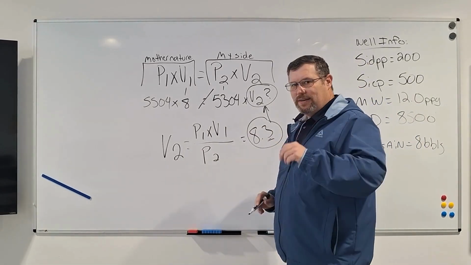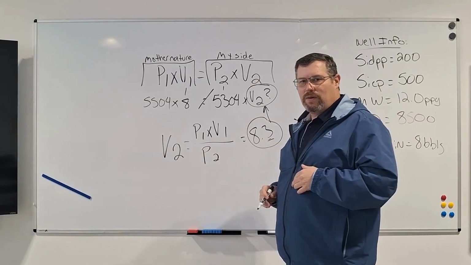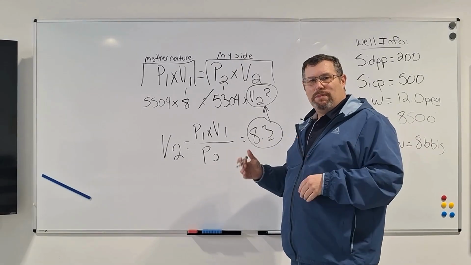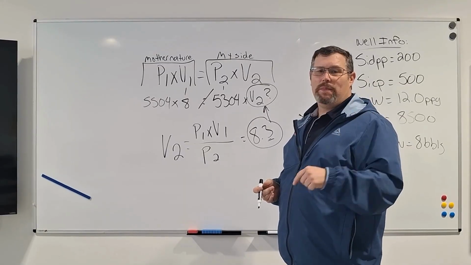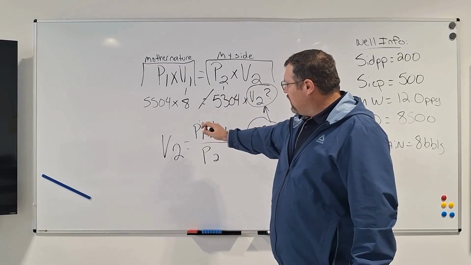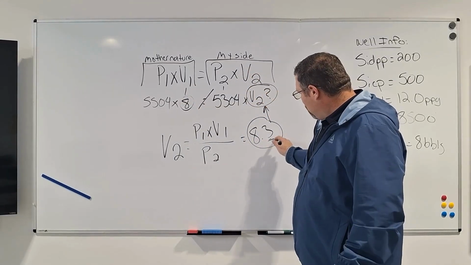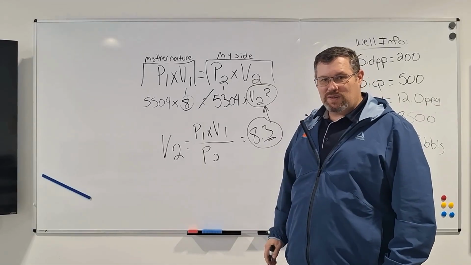That 0.3 right there turns into massive size on the surface. That 8.3 barrels in the ground is going to be closer to 20 to 30 barrels when it gets to surface. So you have to account for it, and Boyle's Law is the only formula that tells you that. The key is, you did have an initial kick of 8 barrels, but what you didn't see was this 0.3 that was in solution. So be very careful.